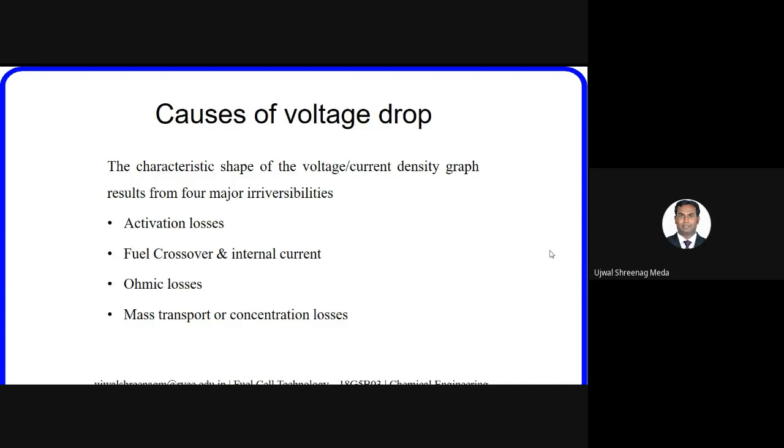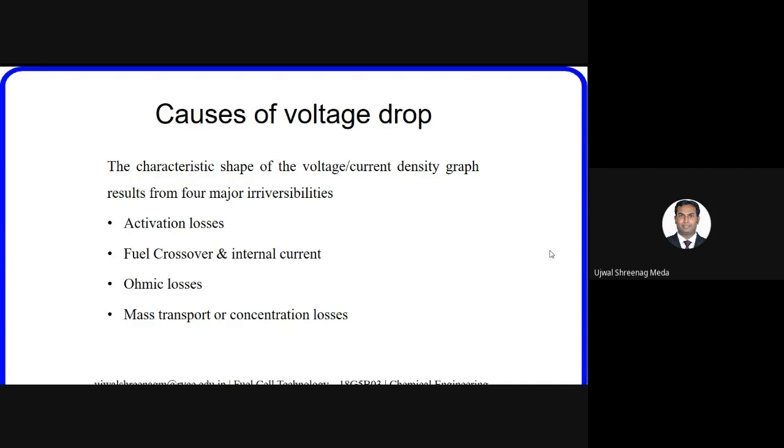That is defined as resistive loss or ohmic loss. At the same time, the electrolyte will also offer resistance for the flow of ions through the electrolyte. So that is also part of this ohmic loss. So that is about ohmic losses or resistive losses.